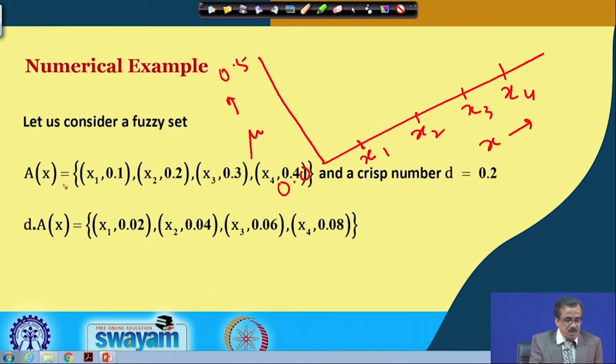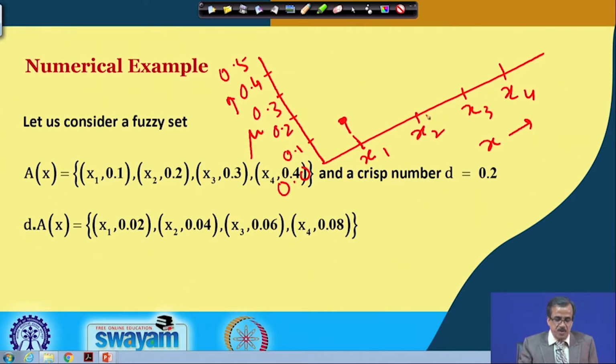Now, if I consider the original fuzzy set, that is A(x), corresponding to x1 I have 0.1, this is 0.2, this is 0.3 and this is 0.4. Corresponding to x1, I have 0.1, so I am here.